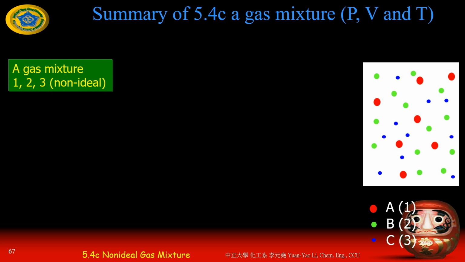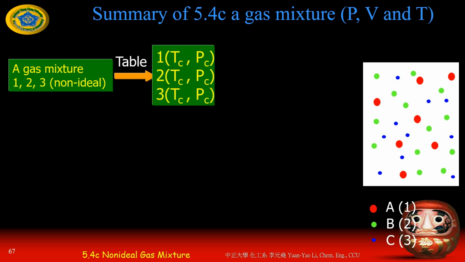So assume we have a gas mixture of species 1, 2, 3, and then we need to find out the critical pressure and the critical temperature of species 1, 2, and 3. You can get the information from a table. I will give the table to you in your final exam.